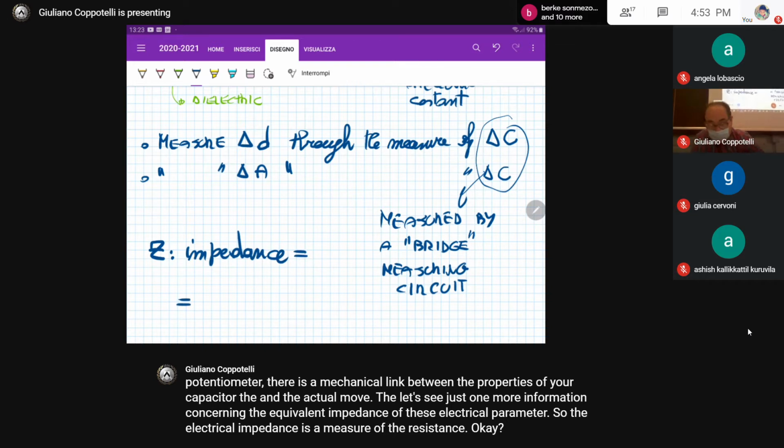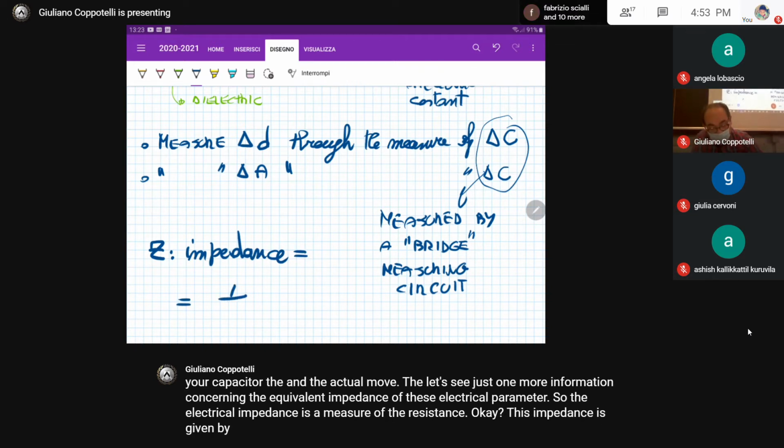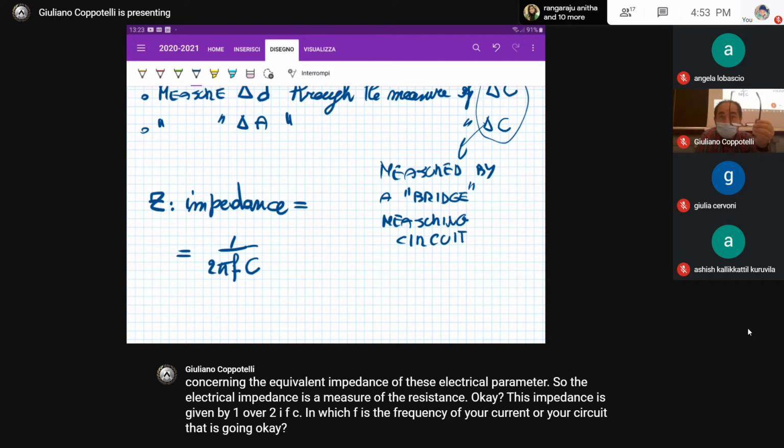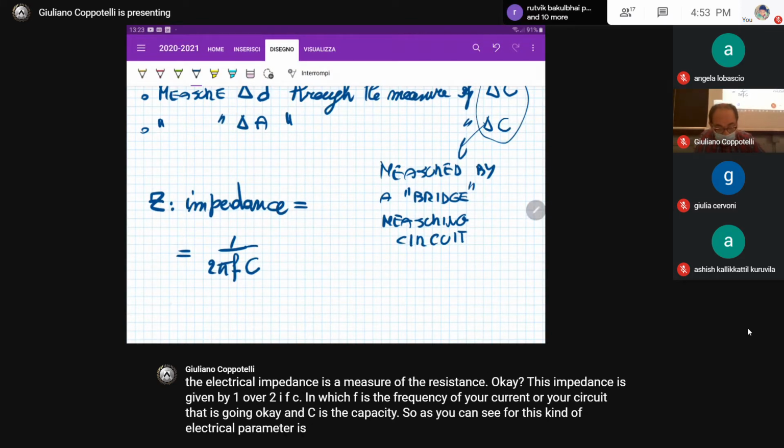This impedance is given by 1 over 2 pi f c, in which f is the frequency of the current flowing in your electrical circuit, and c is the capacity. So as you can see, Z for this kind of electrical parameter is very, very high, generally.